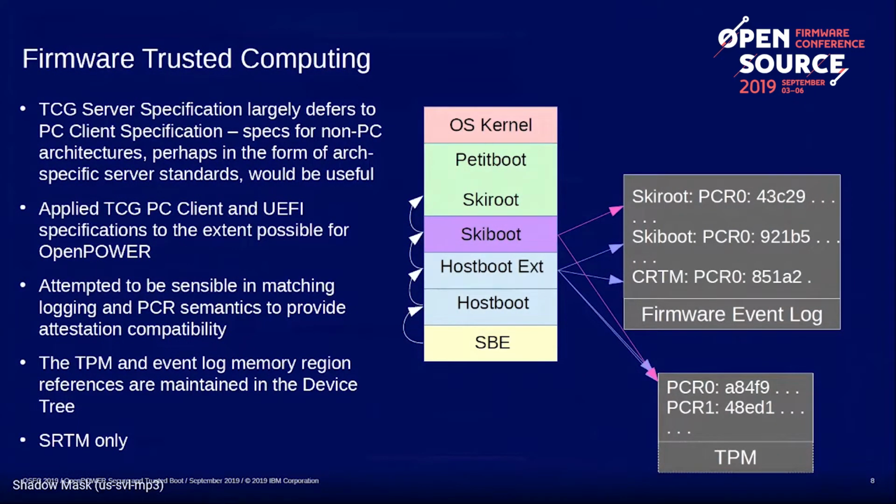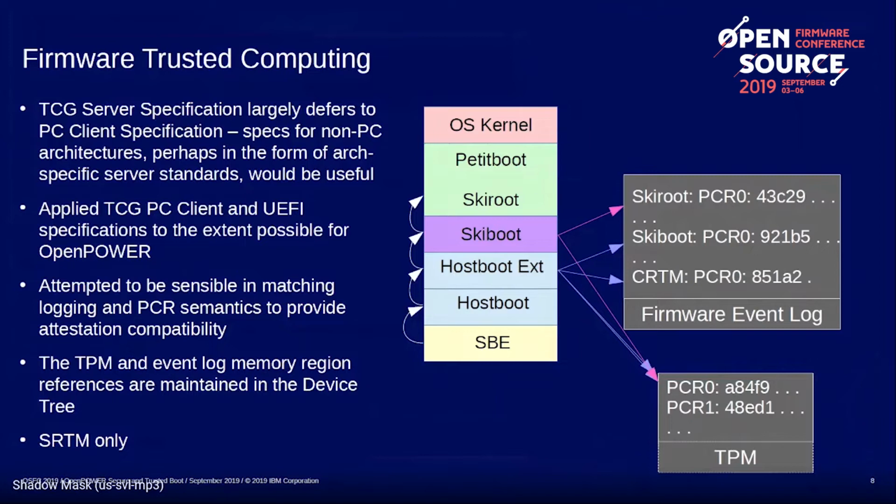So the TCG server spec is kind of old and ossified, and it largely defers to the PC spec. So we've tried to map the PC client spec and UEFI specs into OpenPOWER in a reasonable way. And we tried to provide reasonable PCR semantics so that attestation makes some amount of sense.